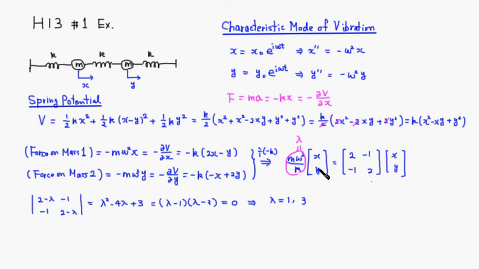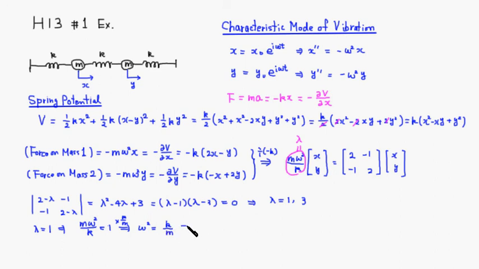So we have that. Then from these lambda values, we can find the characteristic frequency. So let's do that. When lambda equals 1, mw squared over k is equal to 1. So that's the lambda value. We can just multiply by k over m to get w squared is equal to k over m.